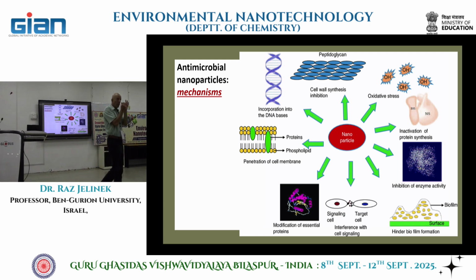So whenever we have nanoparticles and they can go inside the bacterial cells, they can do a lot of damage. They can do a lot of damage everywhere, in all the different molecules, organelles, different parts of the bacterial cell.